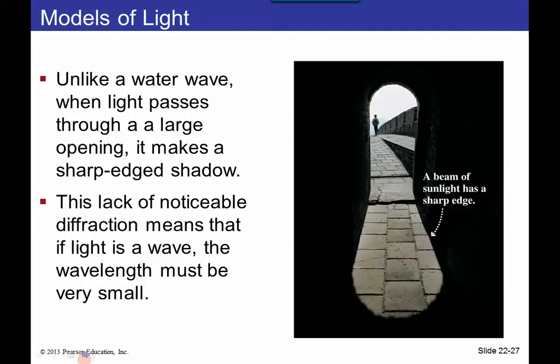Now, when you see light going through an aperture, like this door here, you don't see diffraction. If you think that light is a wave, then the conclusion is that the wavelength must be way smaller than this length from here to here.